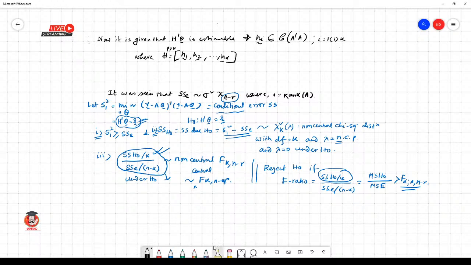And we know that the BLUE of h_i curl prime theta curl, this is from the previous result, we already proved this result. So the BLUE of h_i curl prime theta curl is q_i curl prime A prime y curl.